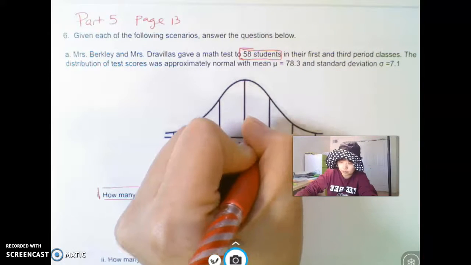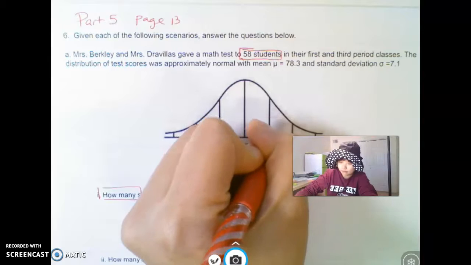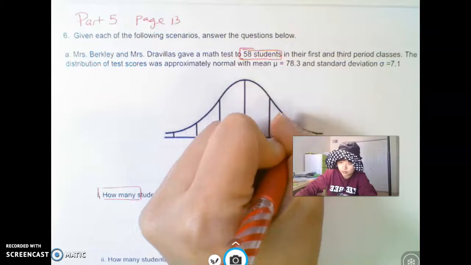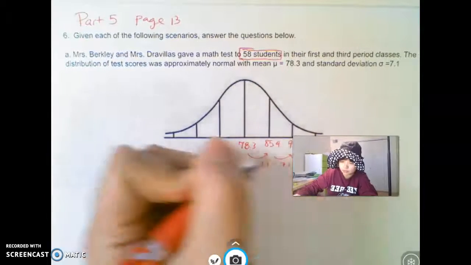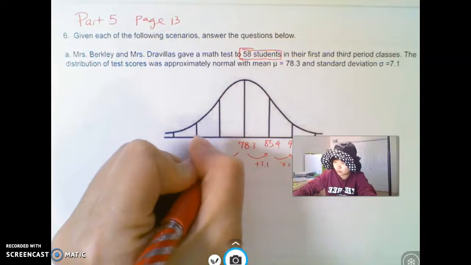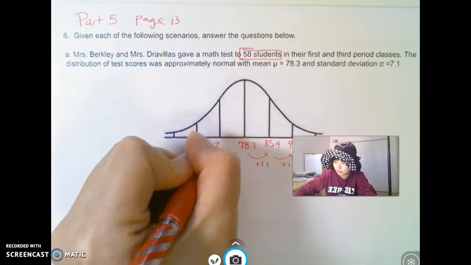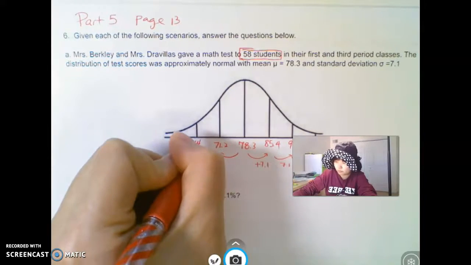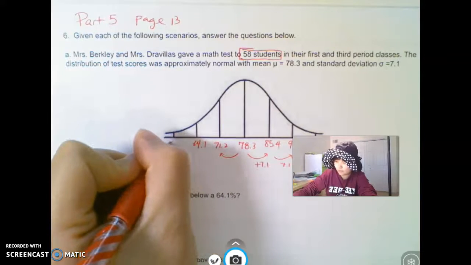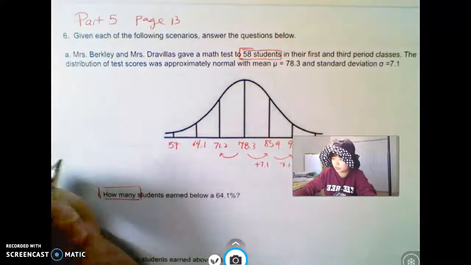So 7.1. So it'll be 85.4, 92.5, and 94.6. Here, going the other direction, would be 71.2, 64.1, and 57 percent or points.